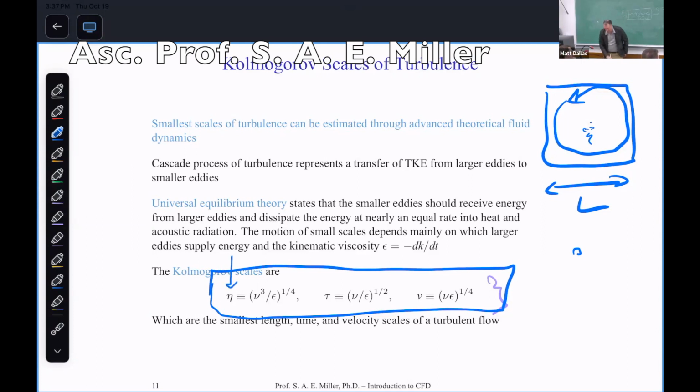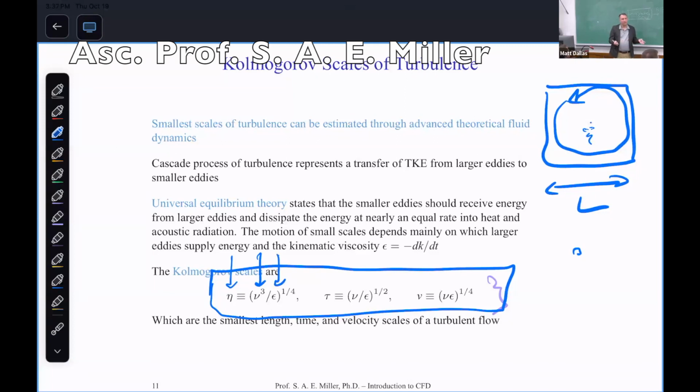This value is the size of the smallest eddy of turbulence, eta. This value is the viscosity, which would be relatively constant. In this room, that's about 1.5 times 10 to the negative fifth. And then there's this value called epsilon, which is the rate of decay of the energy.